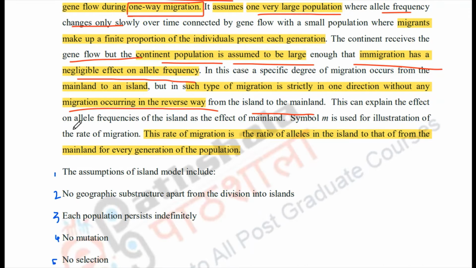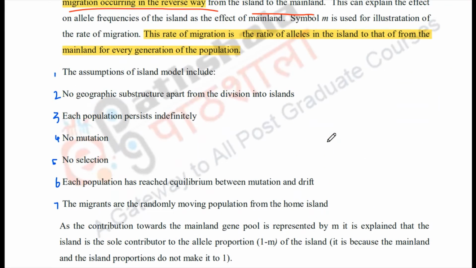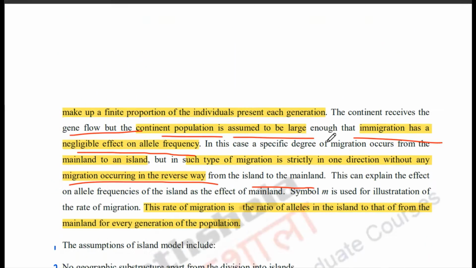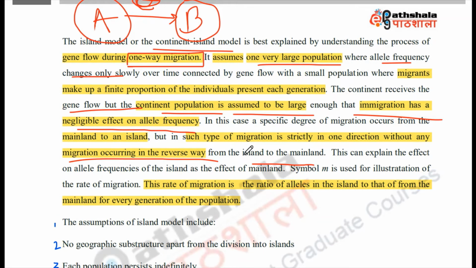This can explain the effect on the allele frequencies of the island as the effect of the mainland. Now they are trying to show the numerical depiction of how the changes happen and how the gene pool of population B is affected over the generations. So they say the rate of migration is identified as the ratio of alleles in the island to that from the mainland.